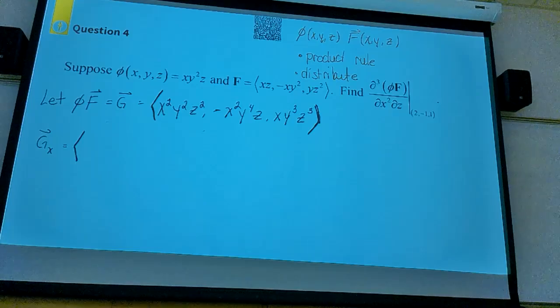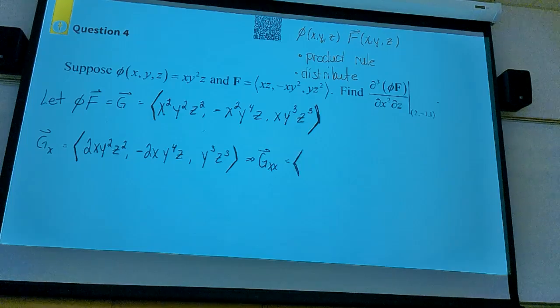So start with Gx. So we can now do Gxx, which gets rid of that third component, which is just one less partial we now have to worry about.